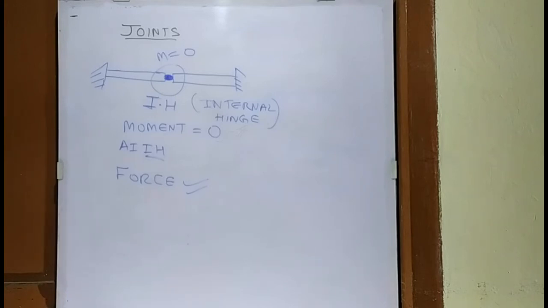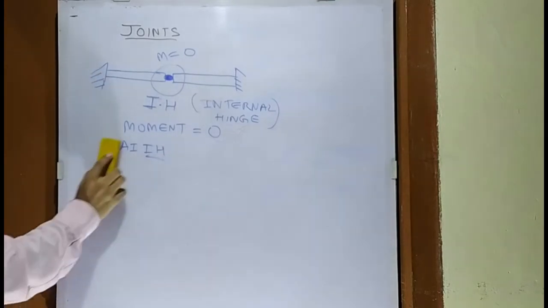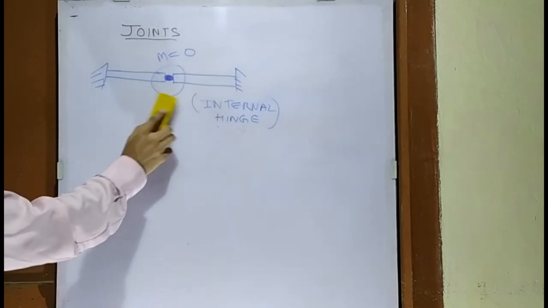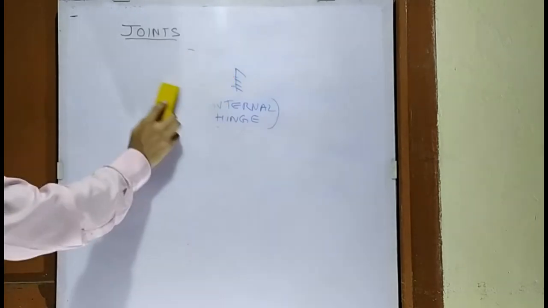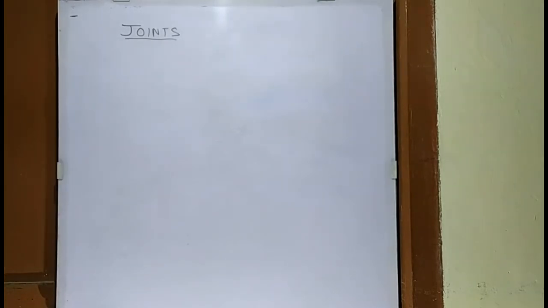Now we will talk about our next support, which is the internal roller. We have discussed the roller support in our previous video. You can find the link in the description.